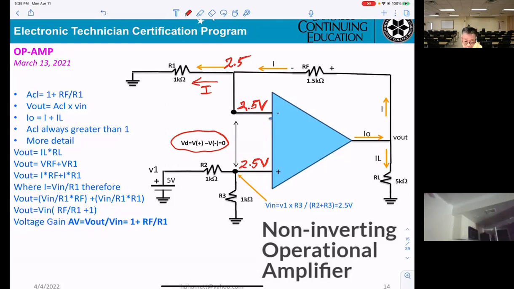They don't show you, I show you. I equals 2.5, you get 2.5 milliamps. Okay?